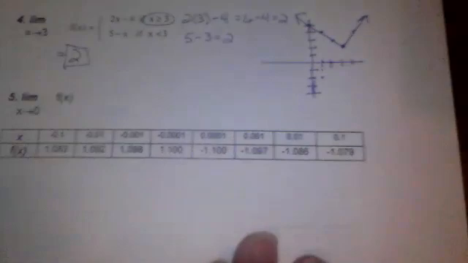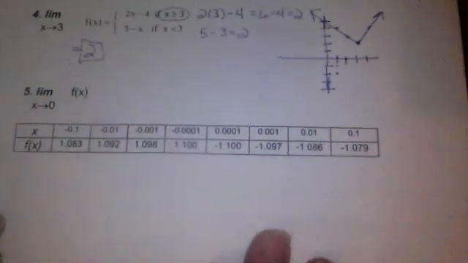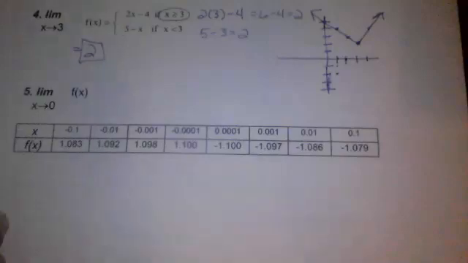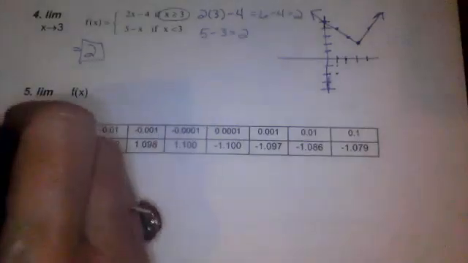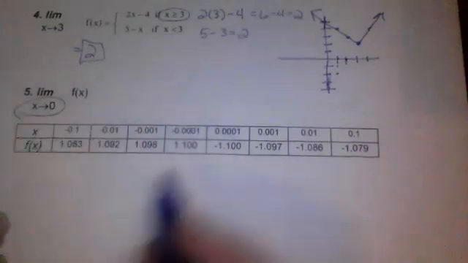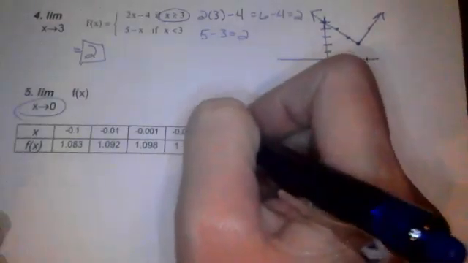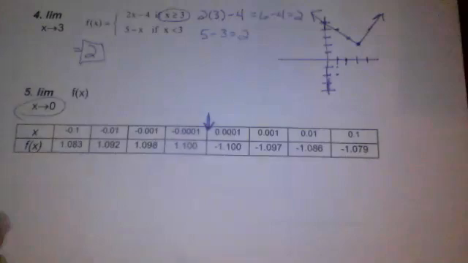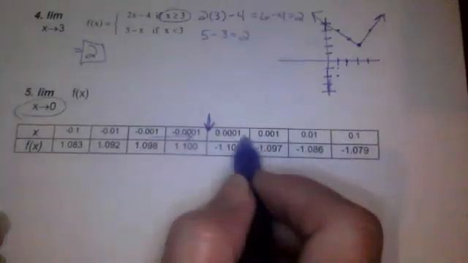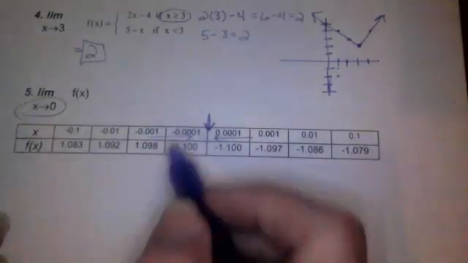All right, one more. This one only gives us the chart. So no graph. We could plot the points, but we don't really have the graph of this function. But we know that we're looking for the limit as x approaches 0. And in my chart, 0 would be right in here. So approaching 0, coming from the left and the right.